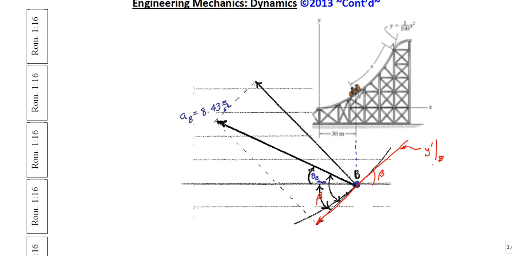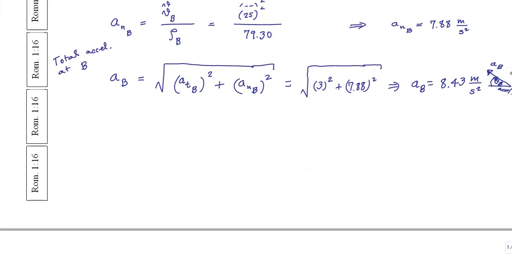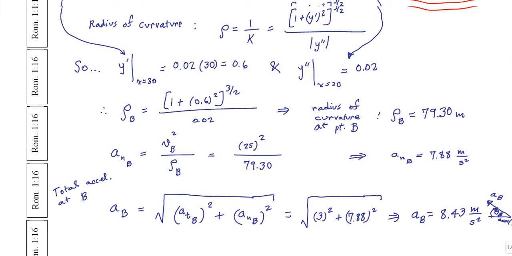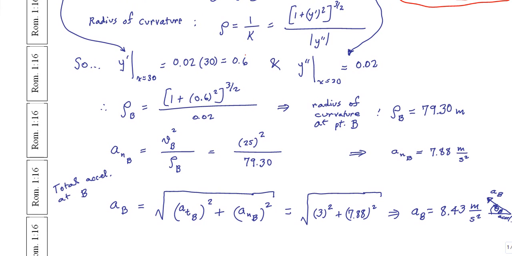Well, we know what that is. We know that that was equal to 0.6, right? We computed that up here. We said that y prime at location B is 0.6 right here.